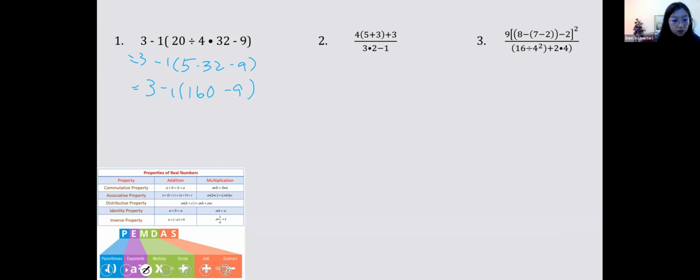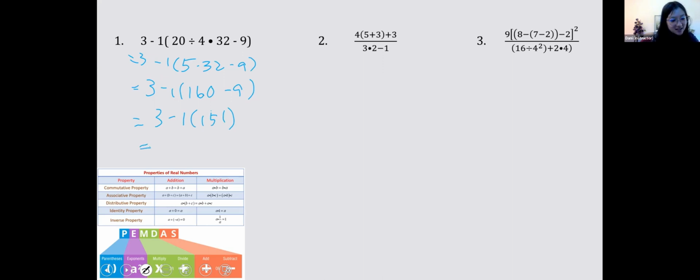We will now also do 160 minus 9 because it's still within the parentheses. So it'll be 3 minus 1 times 151.